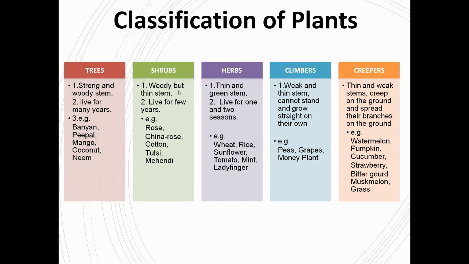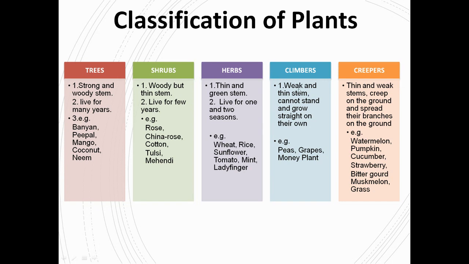They are brown in color. They live for a few years. Examples: rose, China rose. But in herbs, the stem is thin, green in color, and lives for one or two seasons. Examples are wheat, rice, and sunflower. Now I think it is clear about shrubs and herbs.